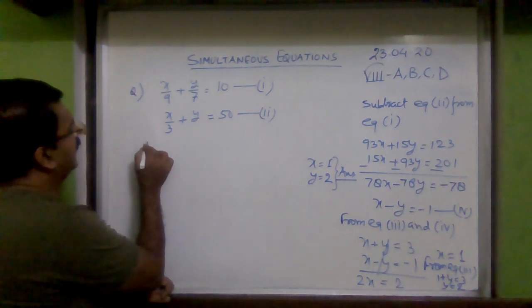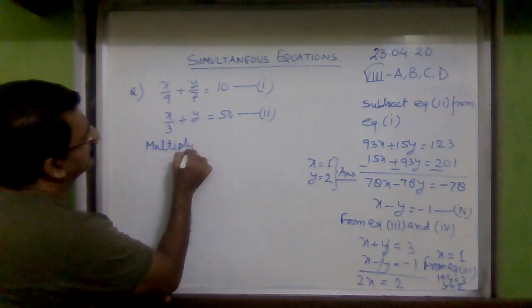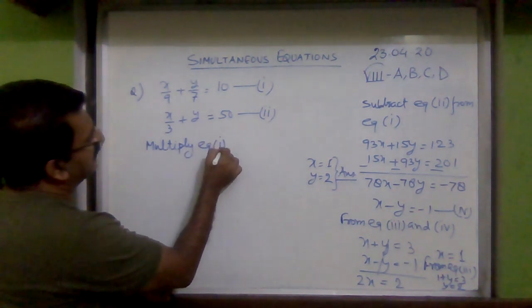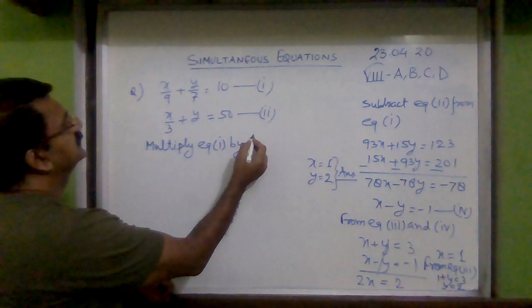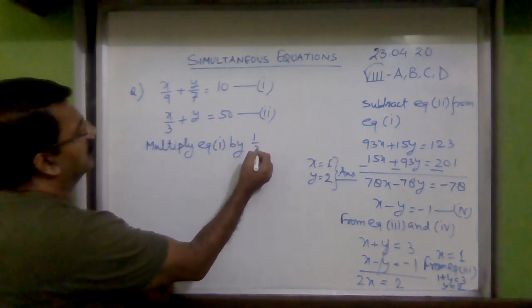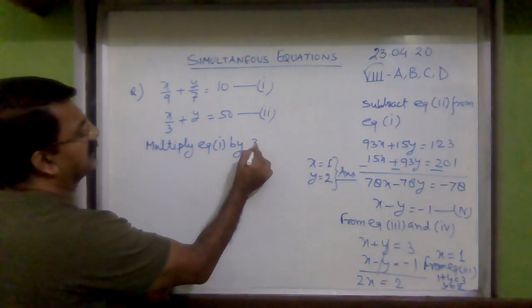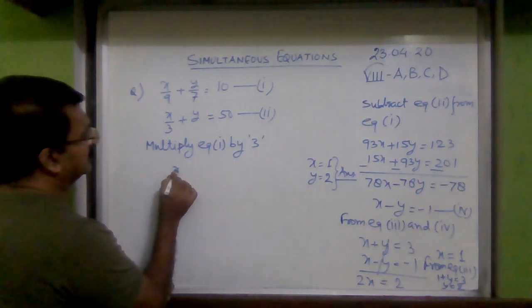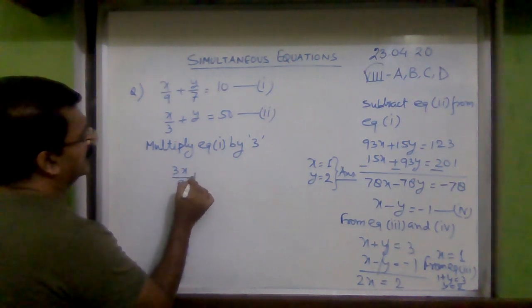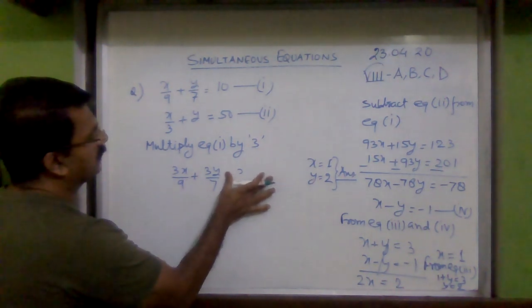So multiply equation 1 by 3. I'm sorry, multiply equation 1 by 3. So it will be 3x by 9 plus 3y by 7 is equal to 30.